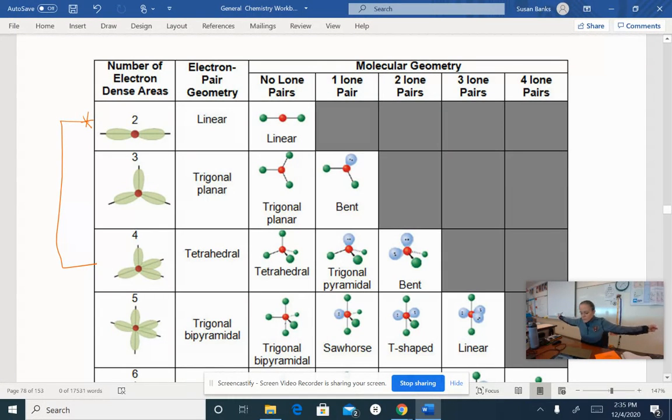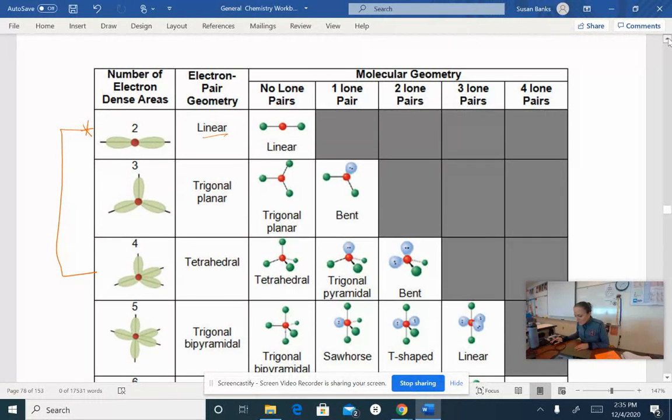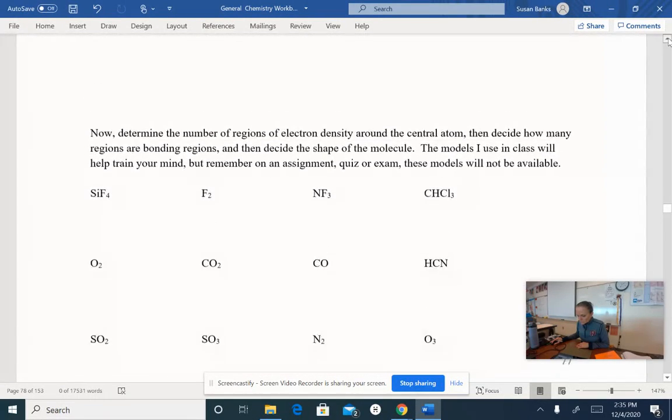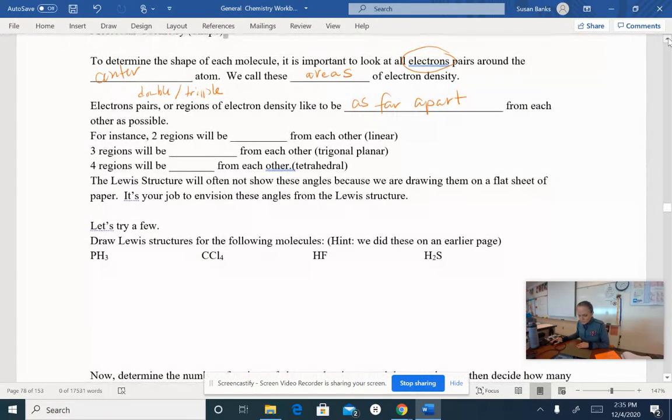So my electron shape is going to be linear. Let's go back up to that in our notes. Two regions will be 180 degrees from each other. In other words, they will be linear.